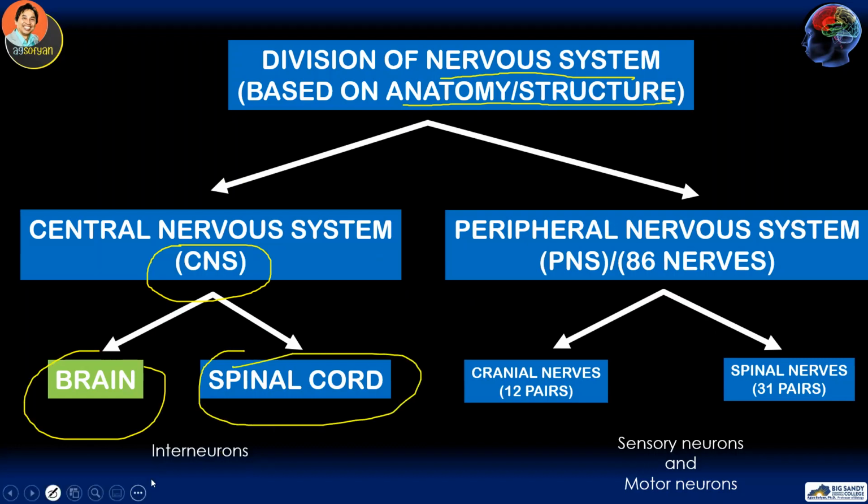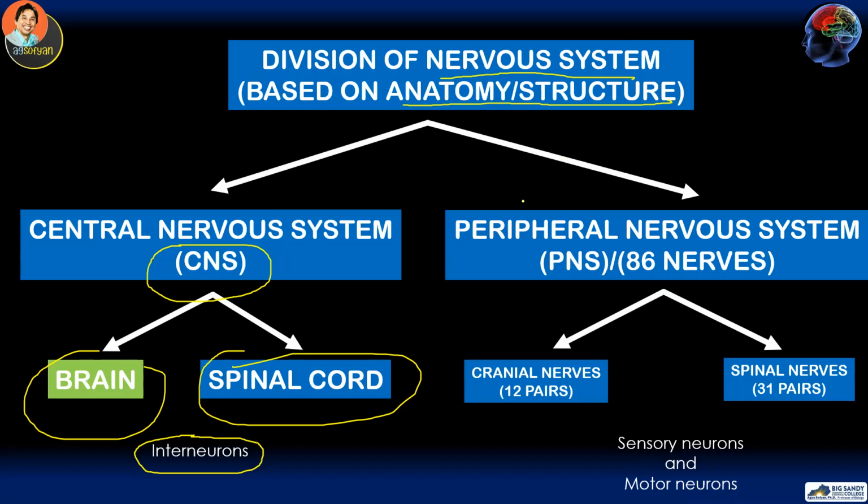And the neurons located in the CNS are the interneurons. So all the neurons located in the brain and the spinal cord are called interneurons. And the function of these interneurons is for processing. So this is the processing center.